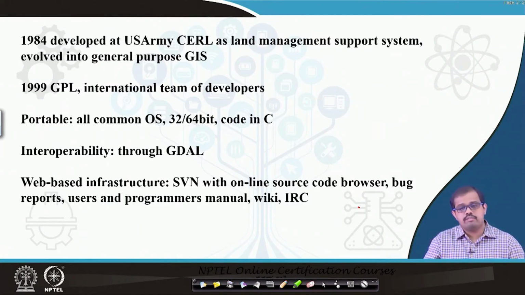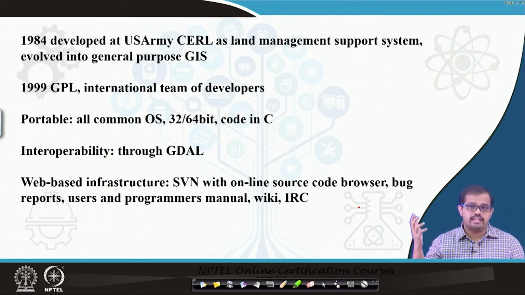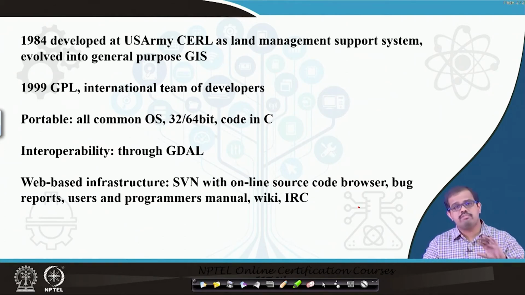Okay, and more importantly, in today's scenario you need something that is a web-based infrastructure. So it supports SVN and an online source code browser, with bug reports, users and programmers manual, wiki, IRC, etc. So you have a web-based infrastructure that is already there, a community of users who are actually looking at it, the source code that is available, and most importantly any bug that is reported is addressed in a phased manner, very fast.